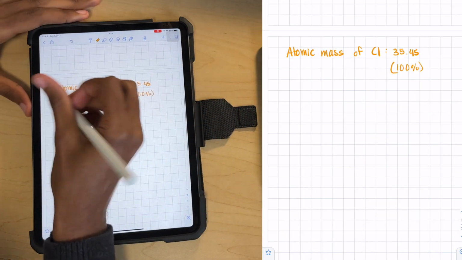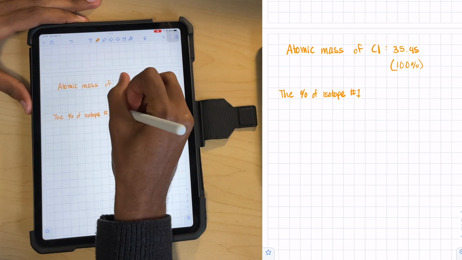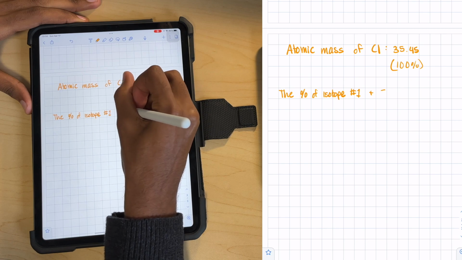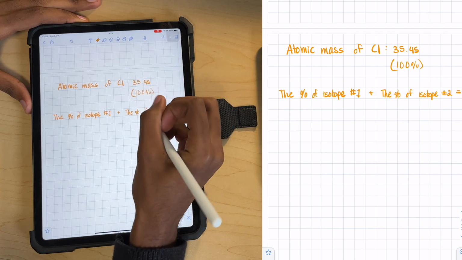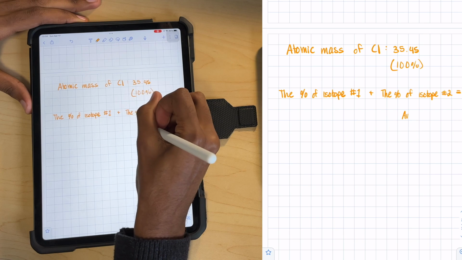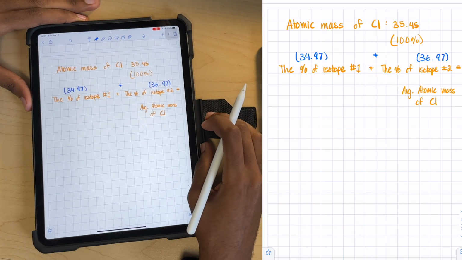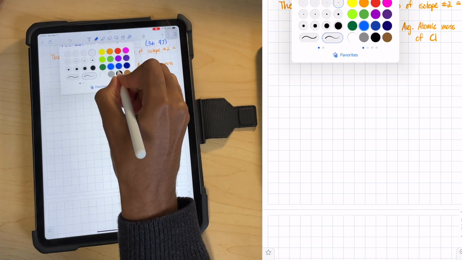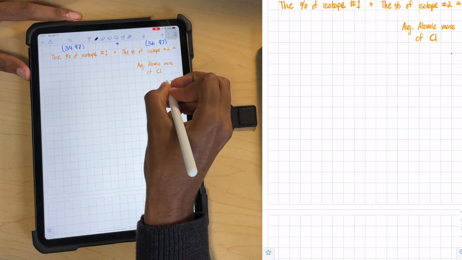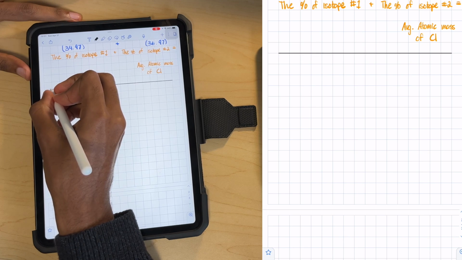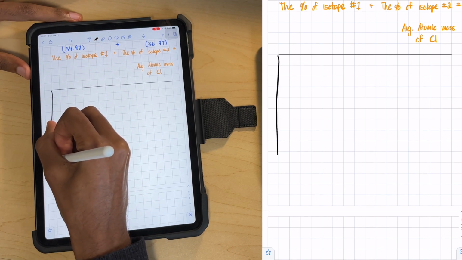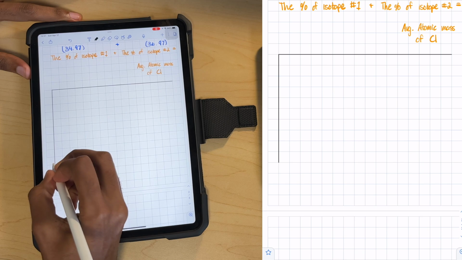The percentage of isotope number 1 plus the percentage of isotope number 2 should give the average atomic mass. Now let's get into the math, the nitty-gritty of it. I find it easier to set up a table to help me visualize everything. You don't have to do this, but I find it helpful.